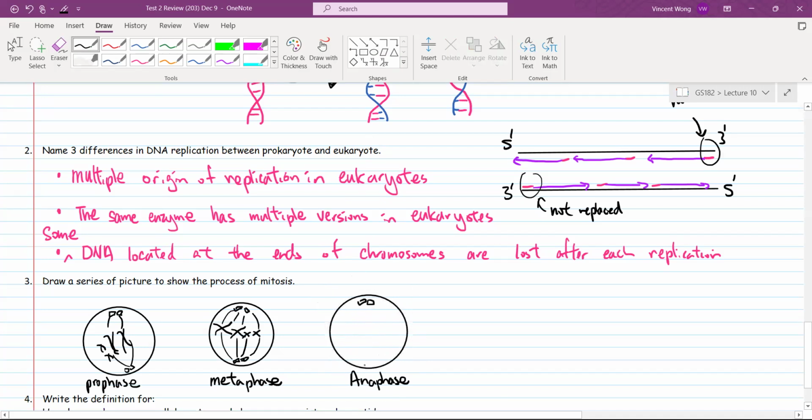And here are the centrioles again. And in anaphase, the sister chromatids are separated and they're being pulled to opposite ends of the cell. And finally, we have telophase.